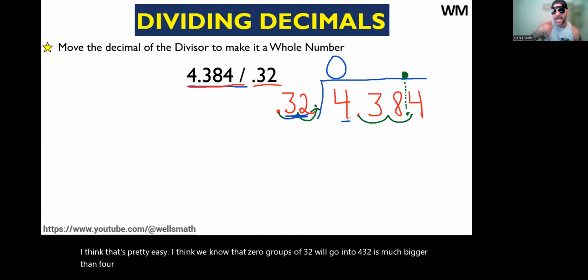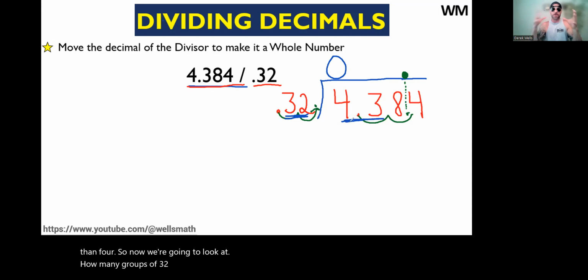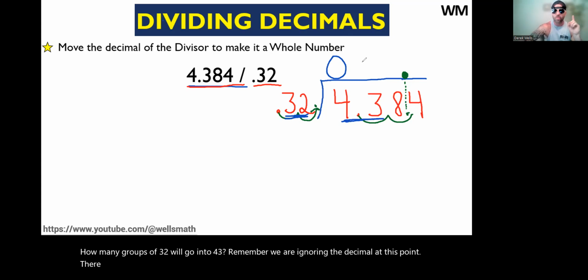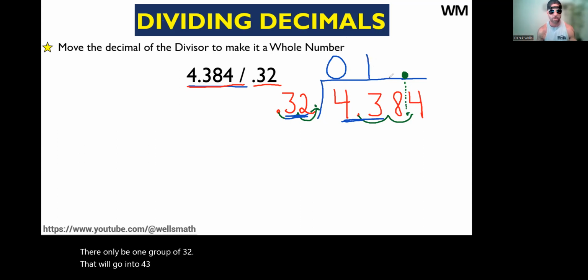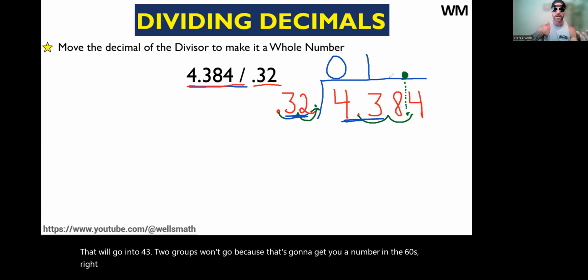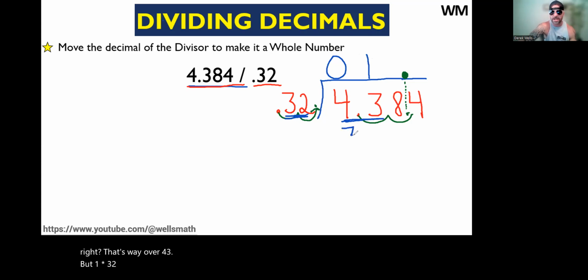So now we're going to look at how many groups of 32 will go into 43. Remember, we are ignoring the decimal at this point. Well, there will only be one group of 32 that will go into 43. Two groups won't go because that's going to get you a number in the 60s, right? That's way over 43. But 1 times 32 is only 32.